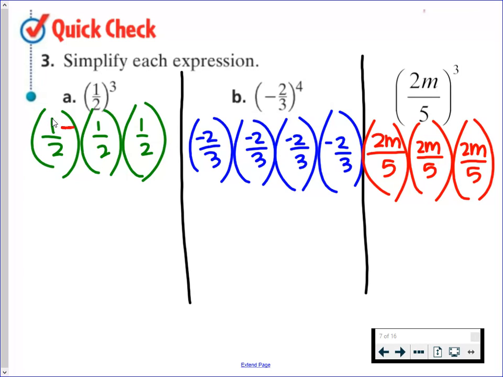Now, multiply across. 1 times 1 times 1, 1. 2 times 2 is 4 times 2 is 8. Not scary at all.